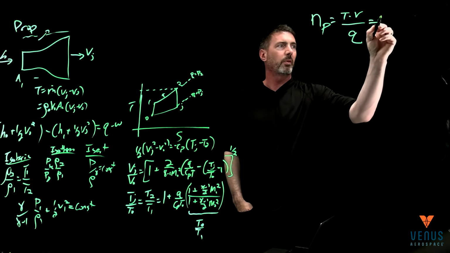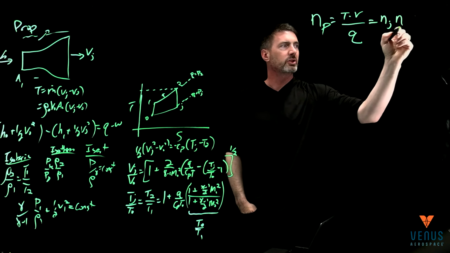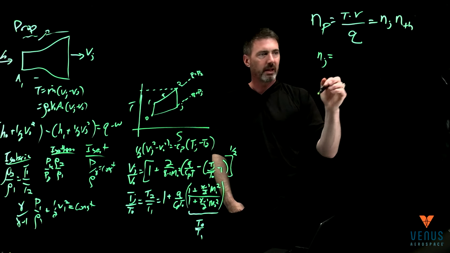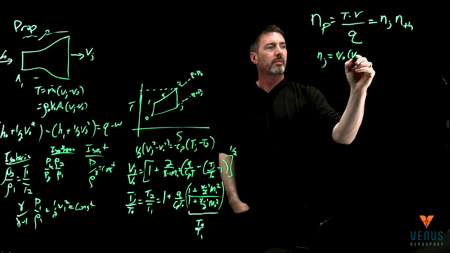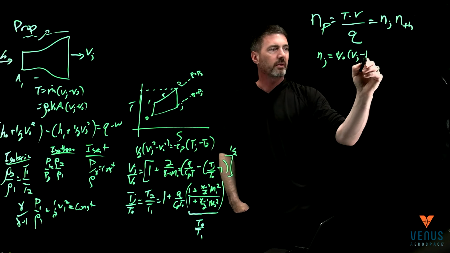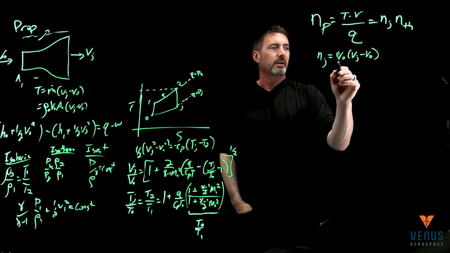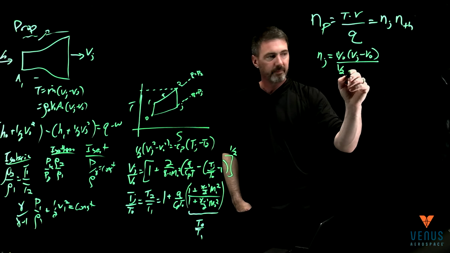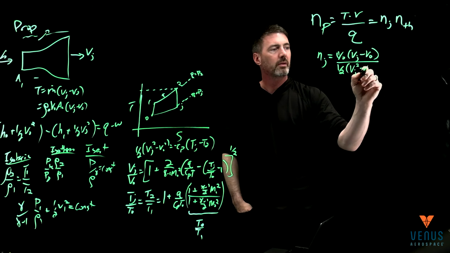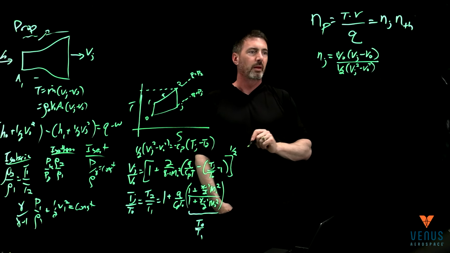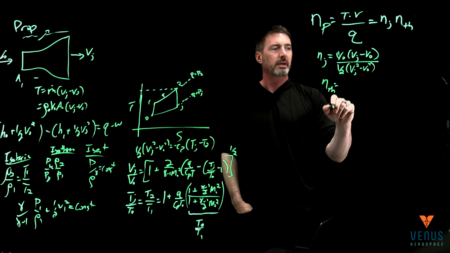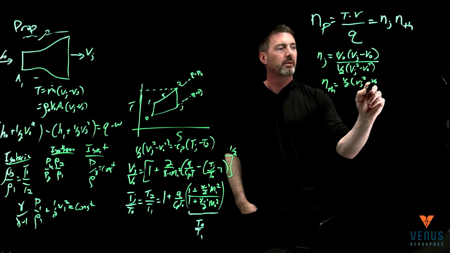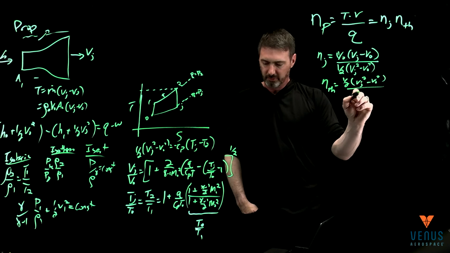We usually split this up and say it's N jet and N thermal. The N jet is taking a look at V0 times Vj minus V0 and comparing that to the change in kinetic energy. And then our thermal one is going to take a look at the change in kinetic energy compared to what we put in.